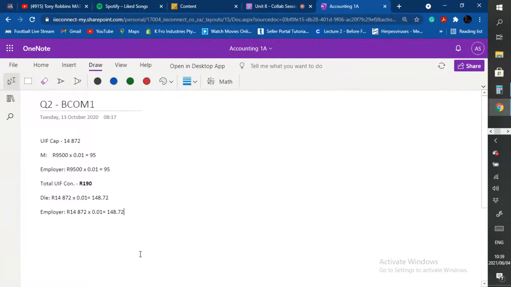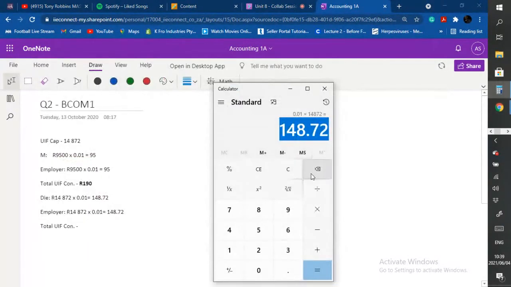To get the total UIF contribution, we have to add the two, so we say times 2, and we get 297.44.